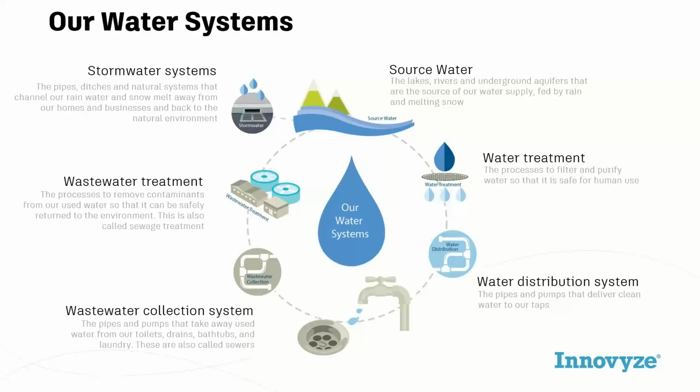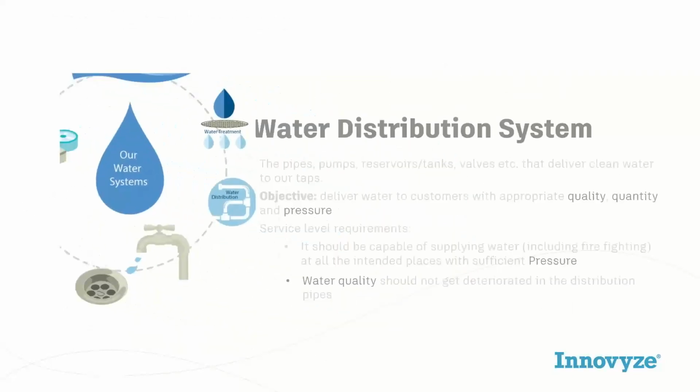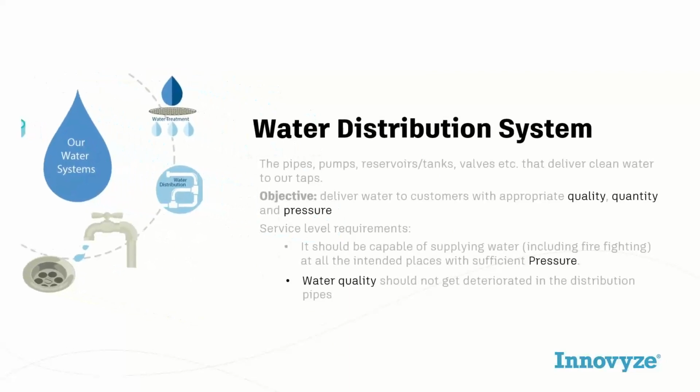And for today's webinar, we're just going to focus on the water distribution aspect, which is primarily the pumps, pipes, tanks, reservoirs, valves, and hydrants that are used to deliver clean drinking water to customers from the source, whether that source is a surface water source or groundwater source, to the end user, whether that is a residential, commercial, or industrial customer.